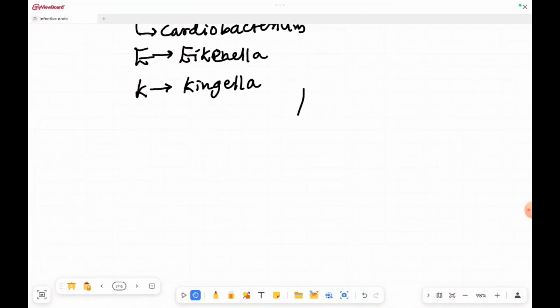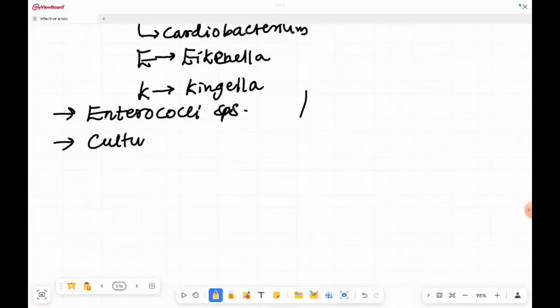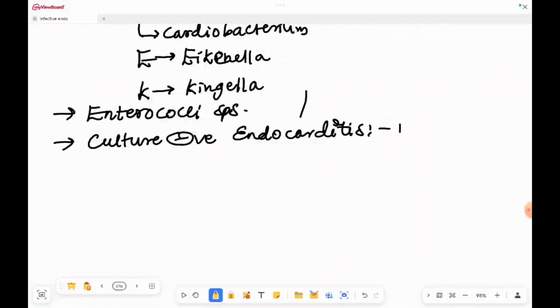Another organism which causes infective endocarditis is Enterococci species. And there is a specific type called culture negative endocarditis. It includes 10 to 15% of infective endocarditis cases. It means there is no organism in culture.